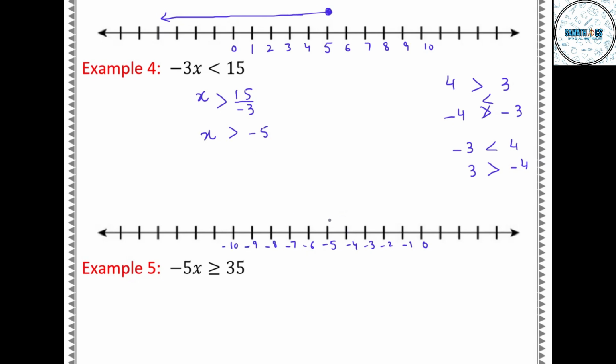We will mark here a circle and then we will draw an arrow towards right hand side, because you can mark the direction of the arrow in the direction of this sign. So we have x is greater than minus 5 and we can represent it on the number line in this way.